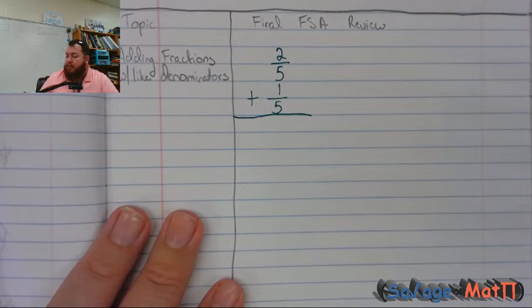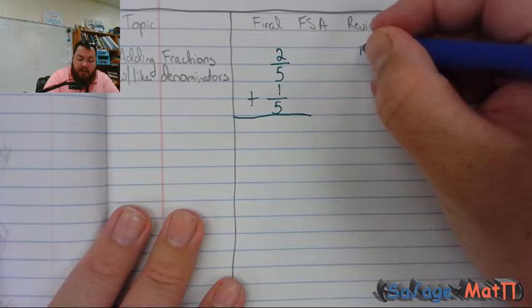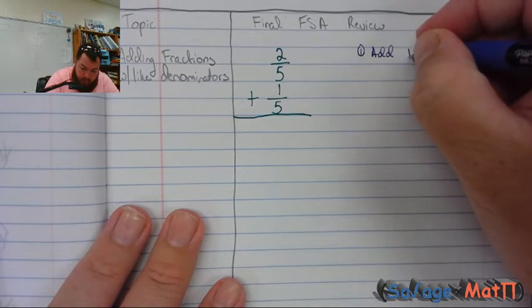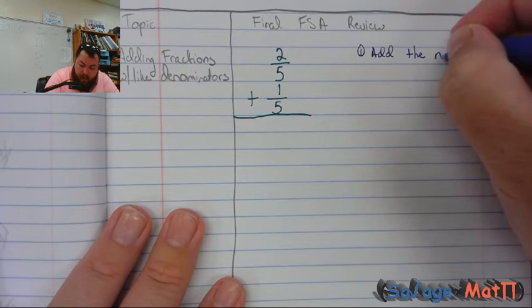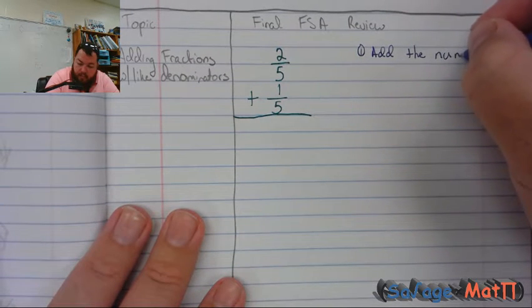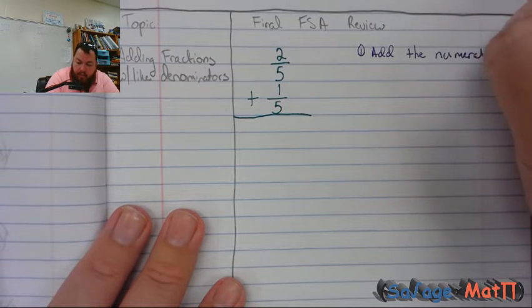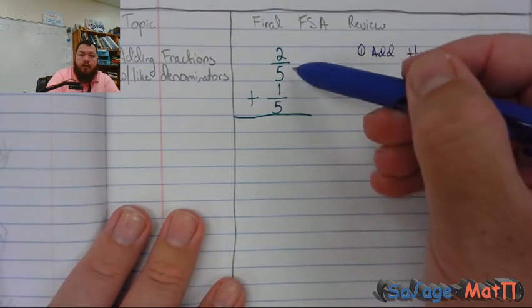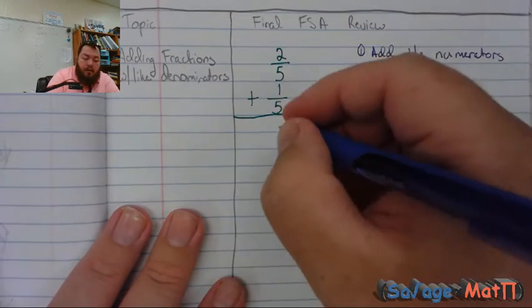Our first step, since we have a like denominator, is just to add the numerators. So, 2 plus 1 is 3.